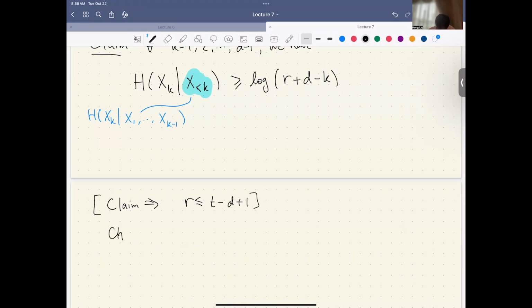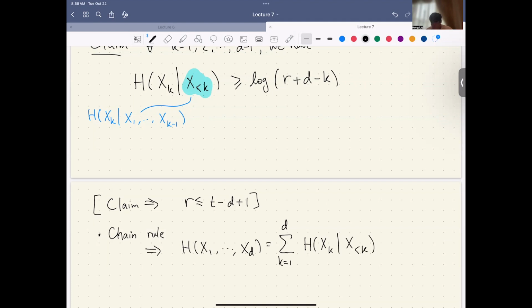By the chain rule, we have the joint entropy H(x1 to xd) equals the sum over k from 1 to d of H(xk given x less than k). This is the chain rule. We've used it many times.